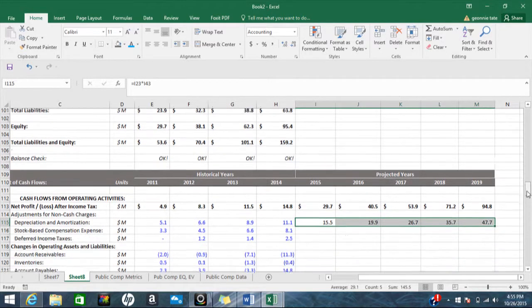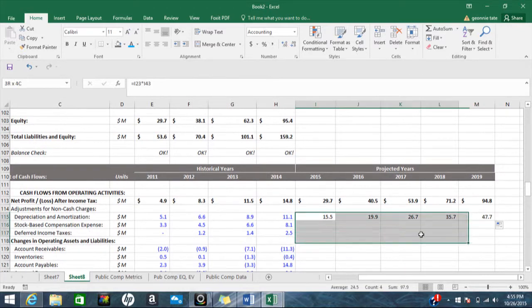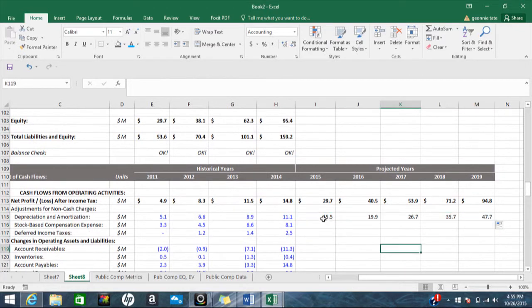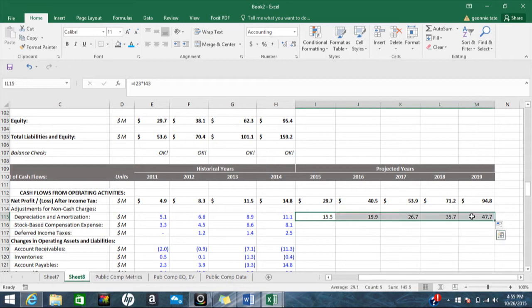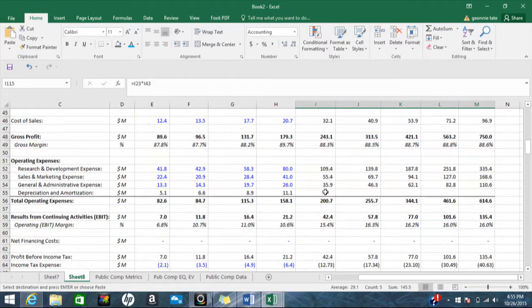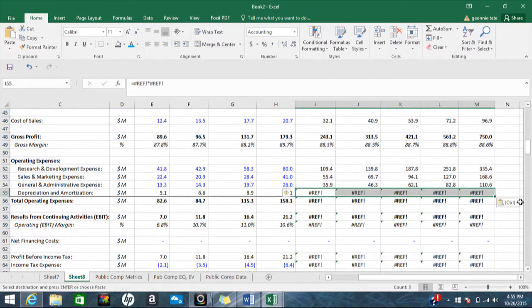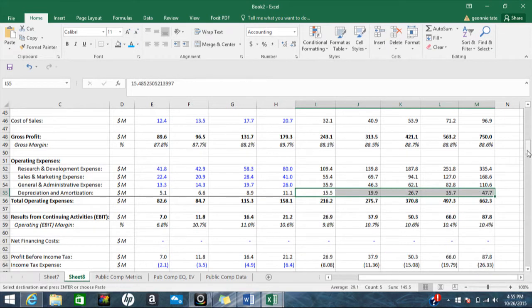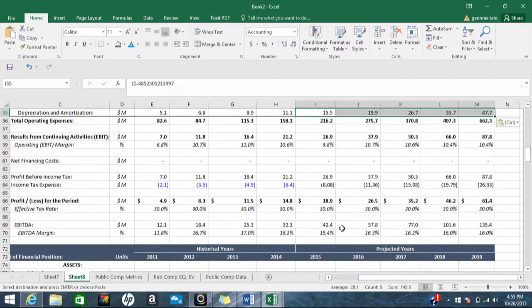Remember up top in the income statement, I said I'll come back to it. I'm going to do that now. I'm going to copy all of the depreciation and amortization line item for the projected years and move it up top to the D&A on the income statement here. Okay, and now it should calculate the EBITDA, the earnings before interest, taxes, depreciation, and amortization.